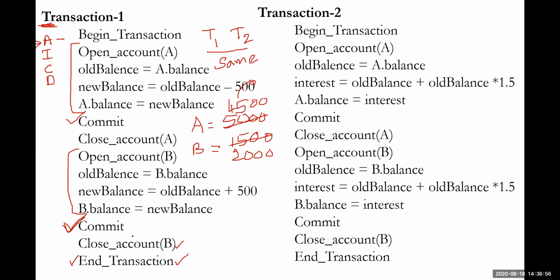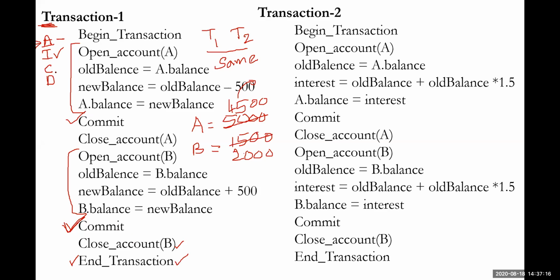So everything has been taken in a proper order. Atomicity has been taken, and isolation has been allowed. This entire transaction has been executed, and for consistency, previously 5000 and 1500 were there.